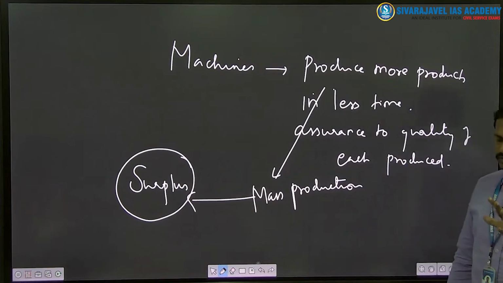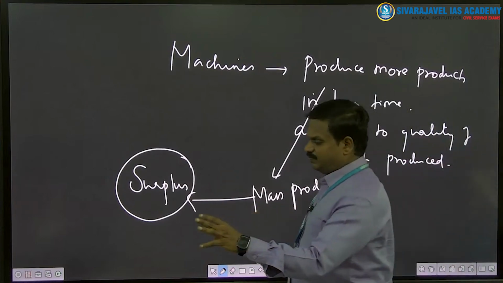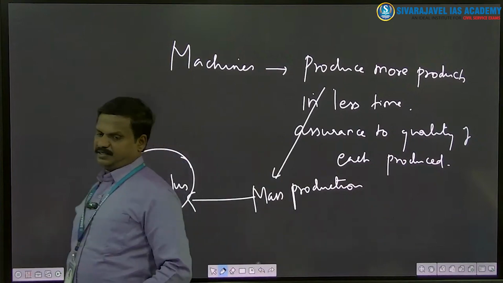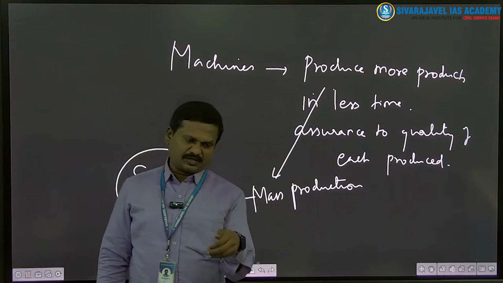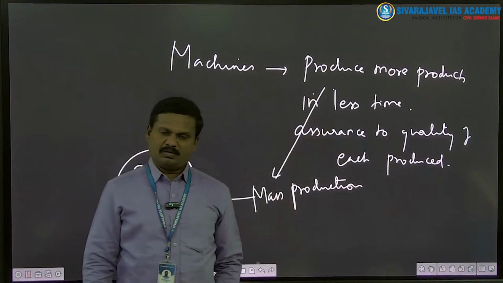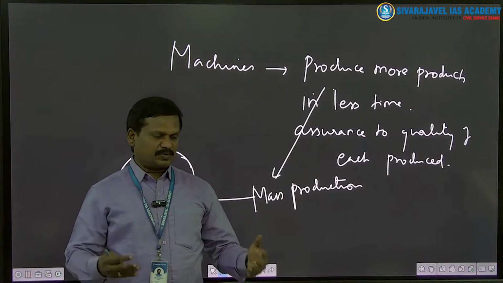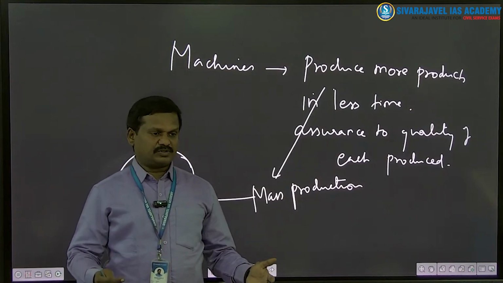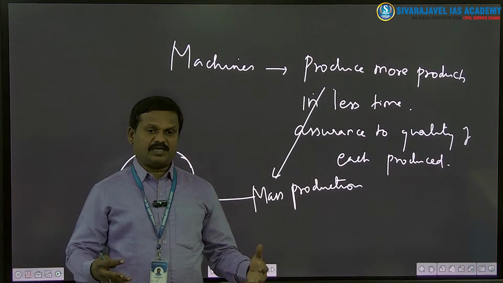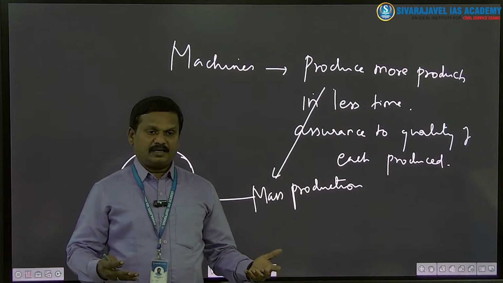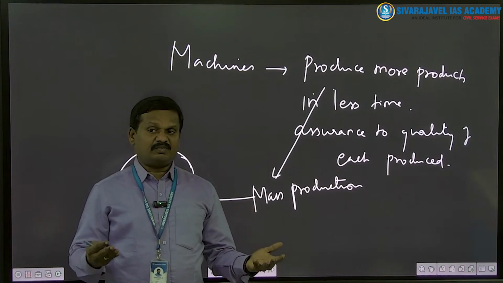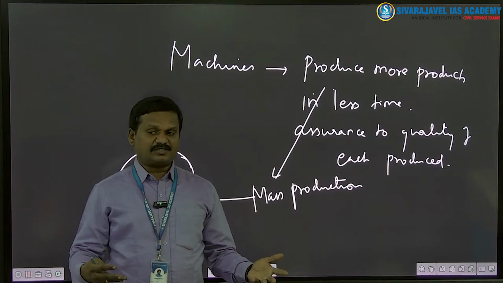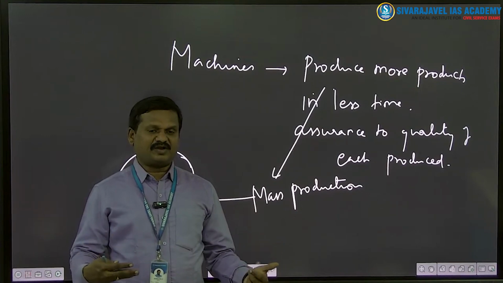Machine is not producing to satisfy the needs of the people in that particular locality. Machine's motivation is to produce more, so that surplus is produced, and the surplus will be traded, and through trade money will be minted, and capitalism is a money minting economy.